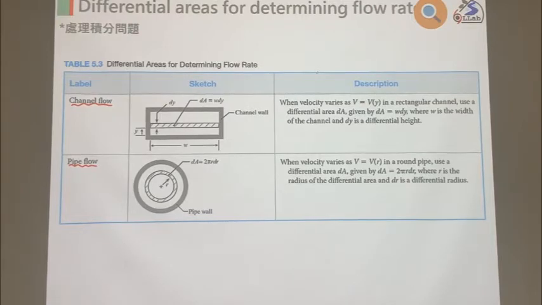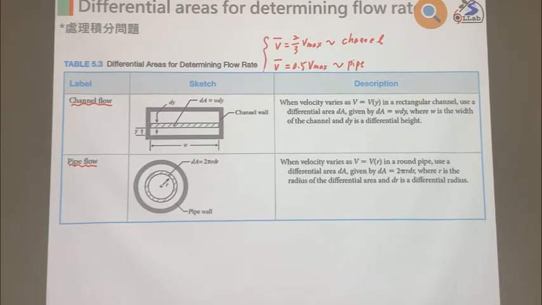We would like to know why the V mean for the open channel flow is always equal to 3/2 V maxima. This is for the channel flow. And the second, if we consider the flow condition is pipe flow, there is always a relationship between the V mean and the V maxima of 0.5. This is for the pipe flow.